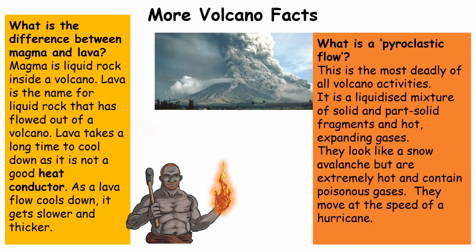The pyroclastic flow, which is that gigantic ash cloud that comes out that sometimes can go up into the air, it can sometimes rumble down the side of the volcano. It is the most deadly of all volcanic activity. A liquidized mixture of solid and part solid fragments and hot expanding gases which are toxic and poisonous and will kill people.